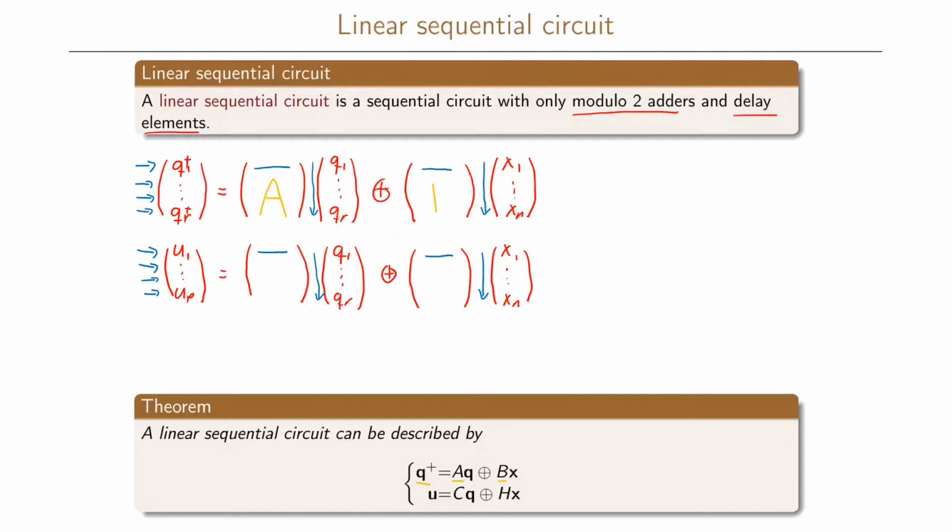And then the outputs can be written as a column vector, which equals the matrix C, times the current state, plus another matrix that we're going to call H, times the input variables. And we're going to use these matrices when we're finding the reduced form of a linear sequential circuit.